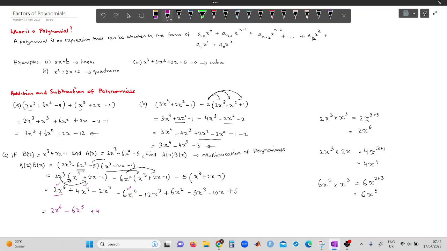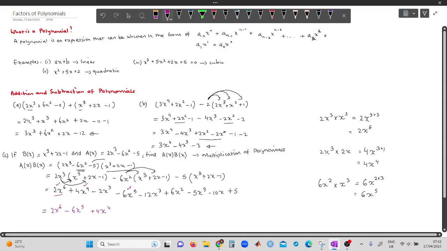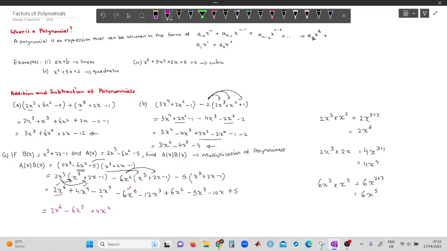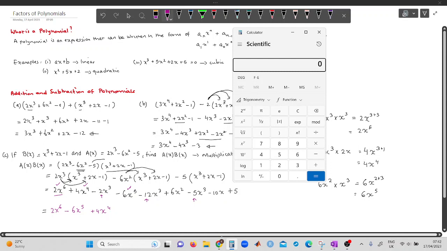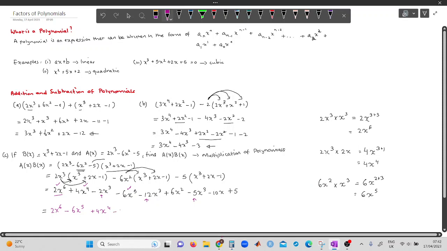So plus 4x to the power of 4. Maintenant, x to the power of 3, there are a few. So I have minus 2, minus 12, minus 5. So you can check it in your calculator. So minus 2, minus 12, and minus 5. So you will get minus 19x to the power of 3.